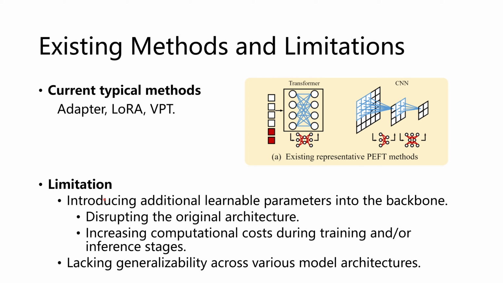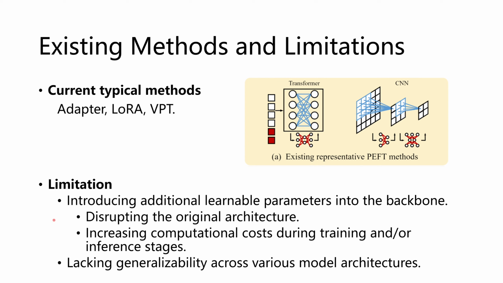However, this kind of method has some limitations. First, they introduce additional learnable parameters into the backbone, which disrupts the original architecture and increases computational costs during the training or inference stage. The last limitation is that this kind of method lacks generalizability across various model architectures.